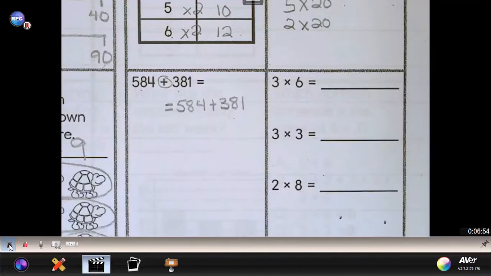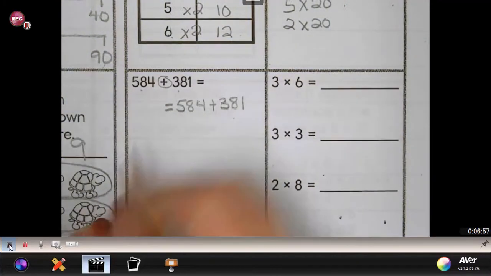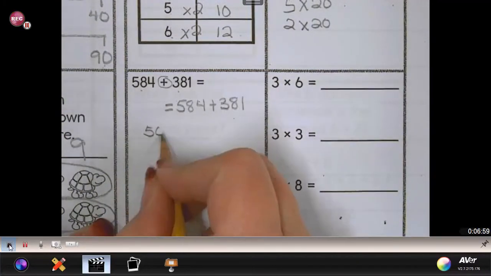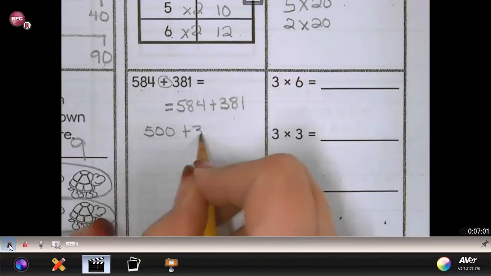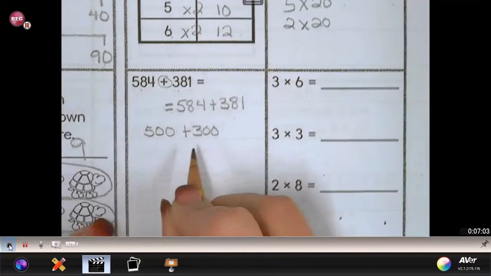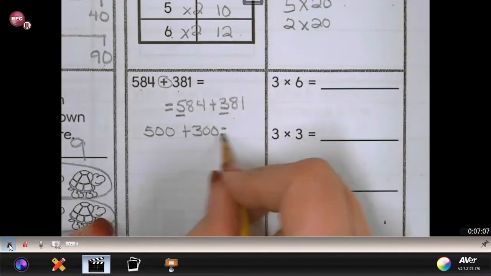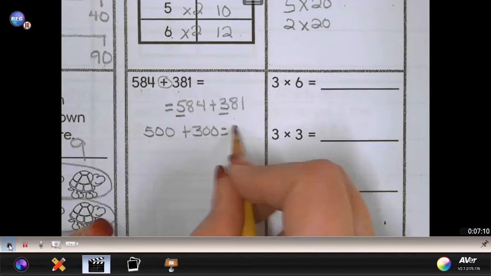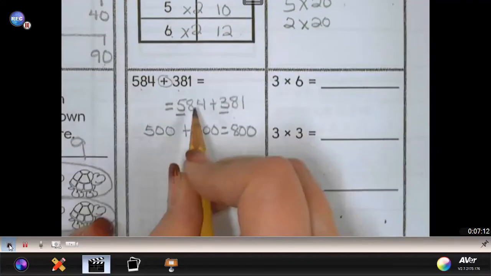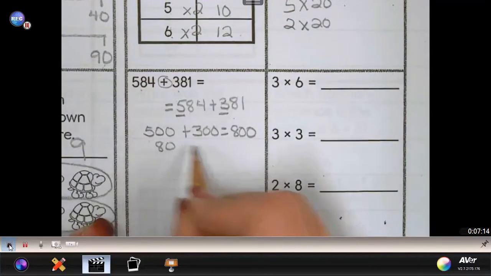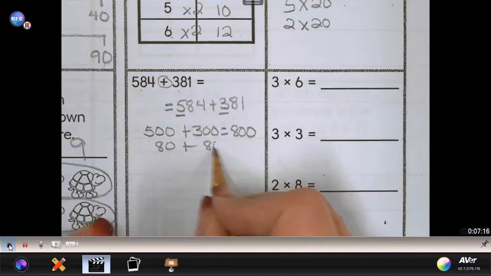So let's take a look at this. I'm going to start with the break apart strategy, and then we'll move to the algorithm. So I have my hundreds place, and I'm adding my hundreds, and I know 500 plus 300 is 800. I know that I have 80 and 80.